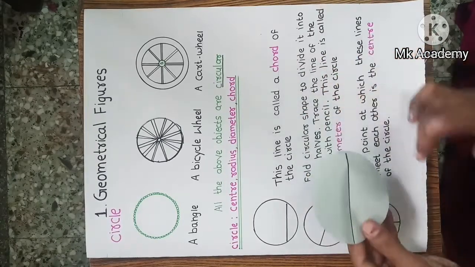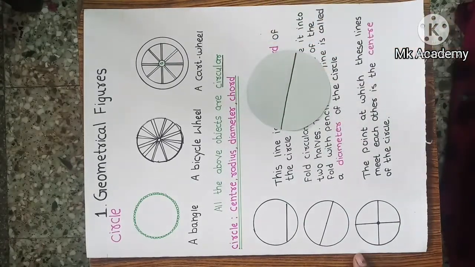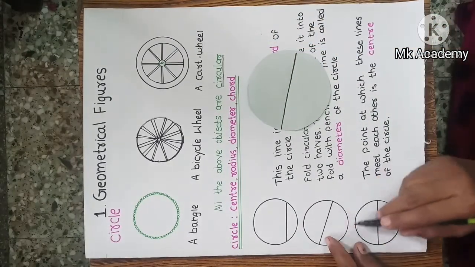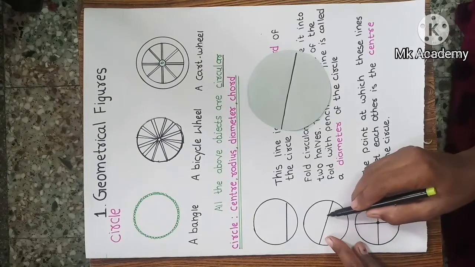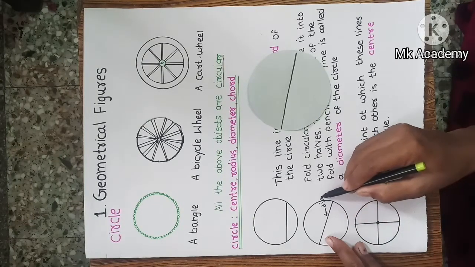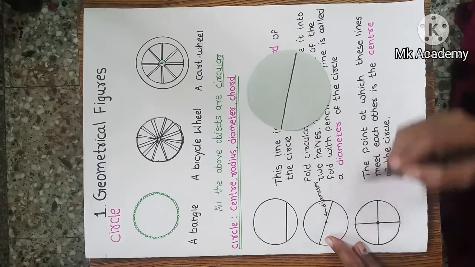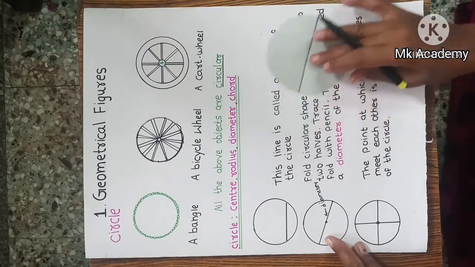Now this line is called the diameter of a circle. Understood? In the picture I also draw the diameter. It passes through the center of the circle.